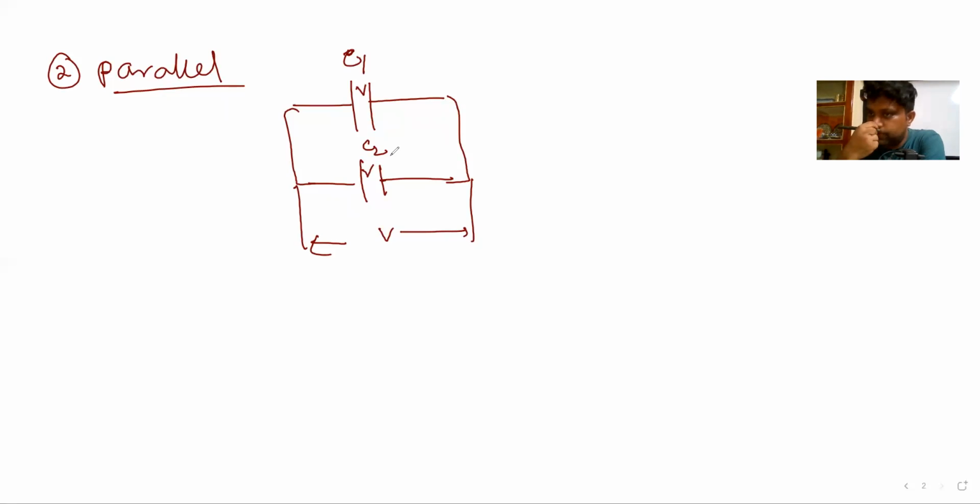Remember, this is the difference between series and parallel combination. In series, each capacitor had a different potential drop V1, V2, but here both capacitors get the same voltage V. But the charges accumulated on the capacitor plates will depend upon the capacitance, so they will not be the same.